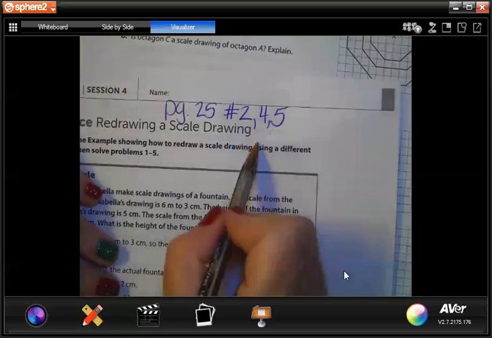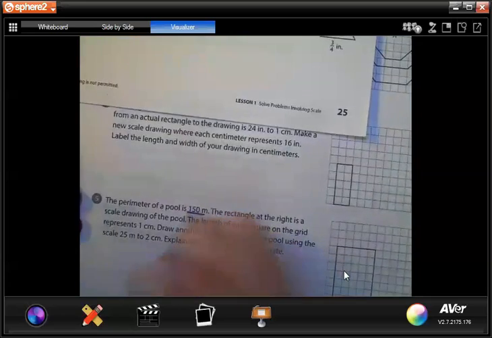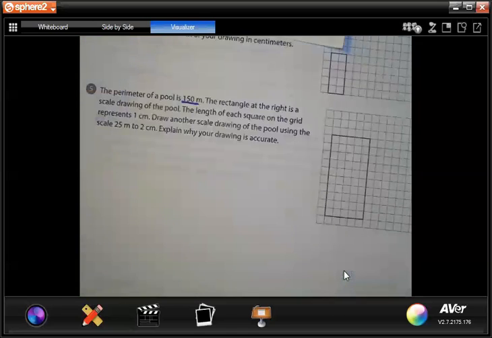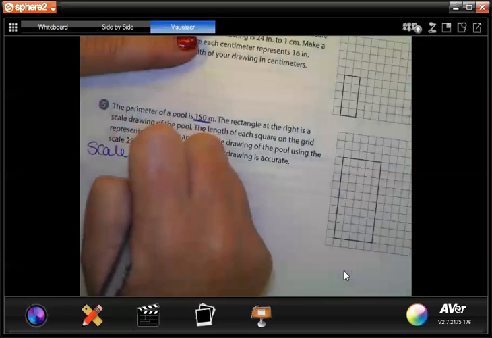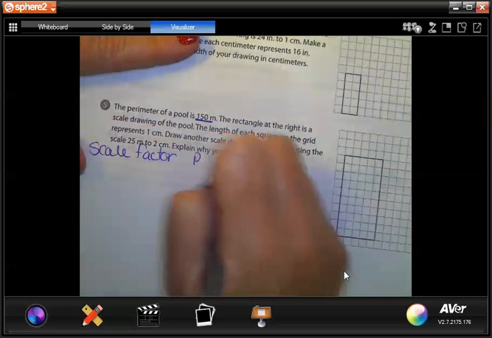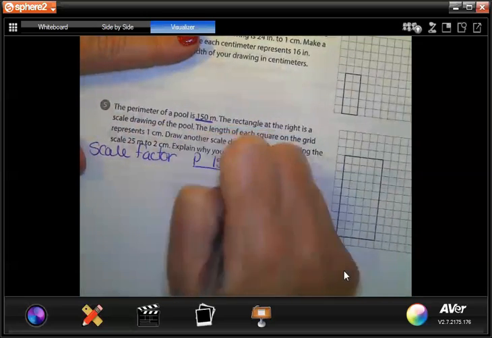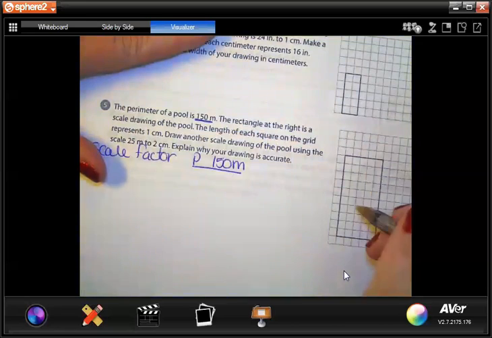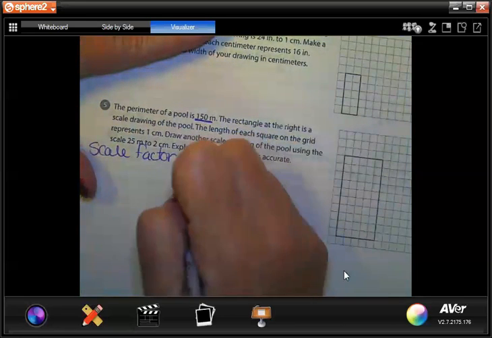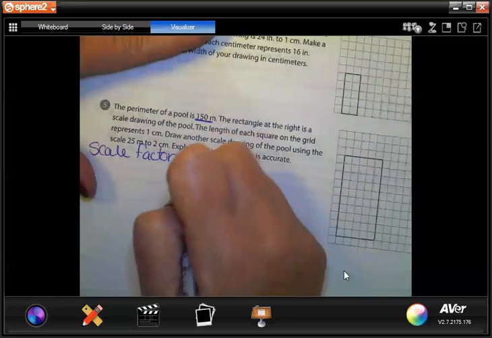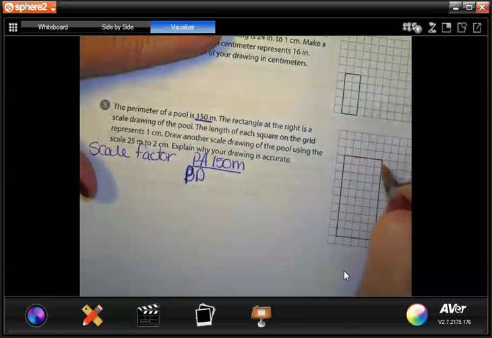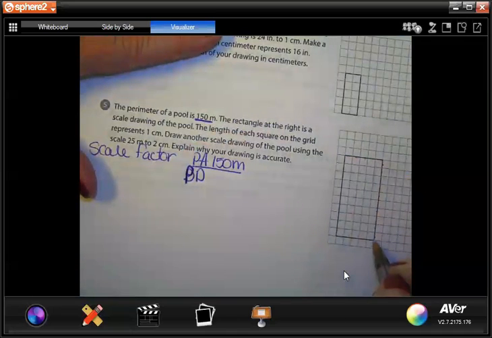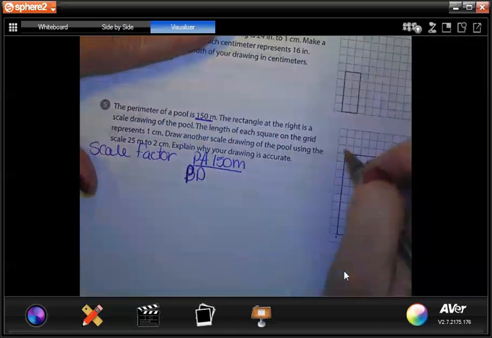On number 5, this is the one where they tell us the perimeter. So the very first step, in order to find the scale factor: we know the perimeter of the actual one is 150 meters, and the perimeter of the drawing is 1, 2, 3, 4, 5, 6, 7, 8, 9, 10, 11, 12, 13, 14, 15, 5 is 20, 10 more is 30.